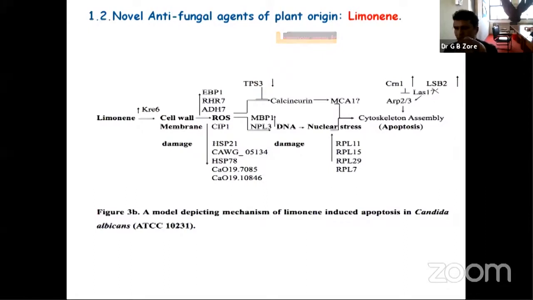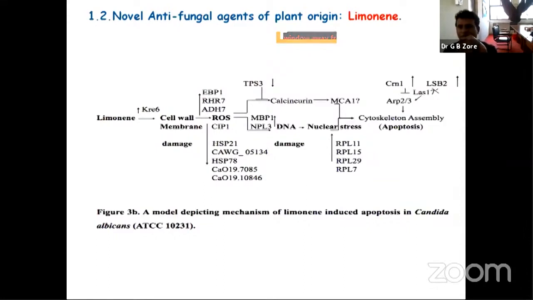We also found induction of the calcineurin pathway and also the nuclear stress mechanism. So based on this overexpression of some of these proteins in response to limonene, we could link that mechanism, and we propose this model of the mechanism of limonene-induced apoptosis in Candida albicans.